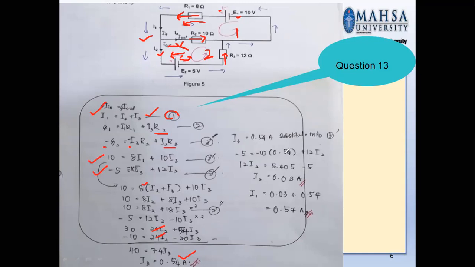I got the value for current I2 as 0.03 ampere, and lastly I got the answer for I1 using the first equation: I1 equal to I2 plus I3. So this is my answer: I1 is 0.57, I2 is 0.03, and I3 is 0.54. Is it okay, everyone?